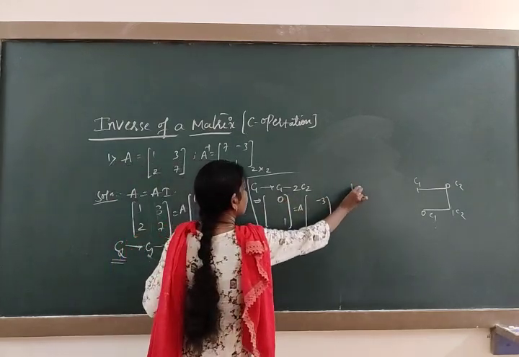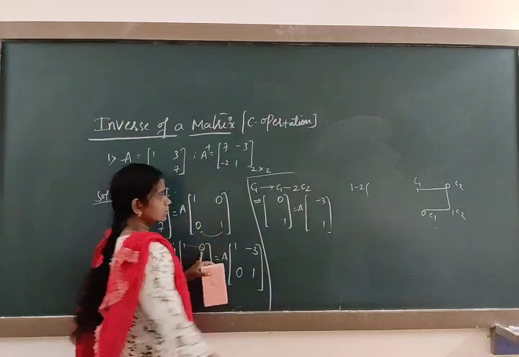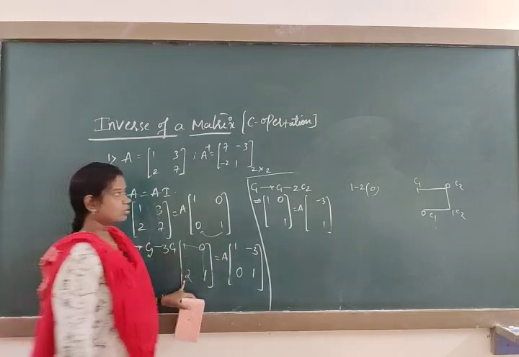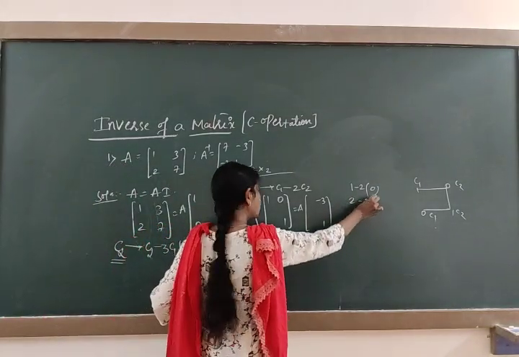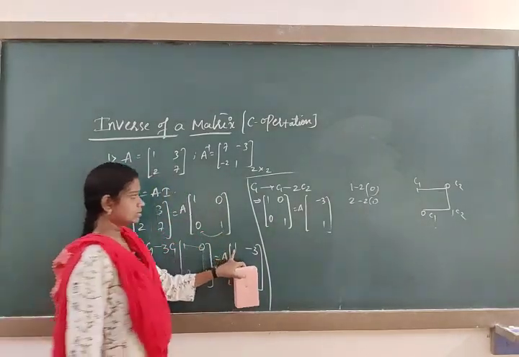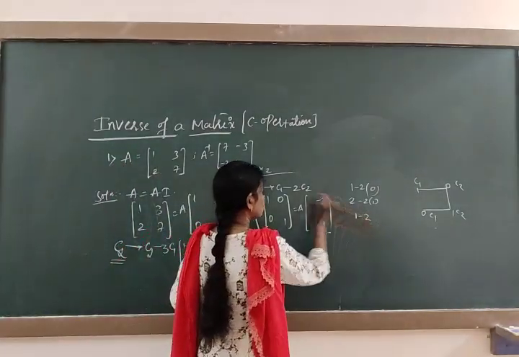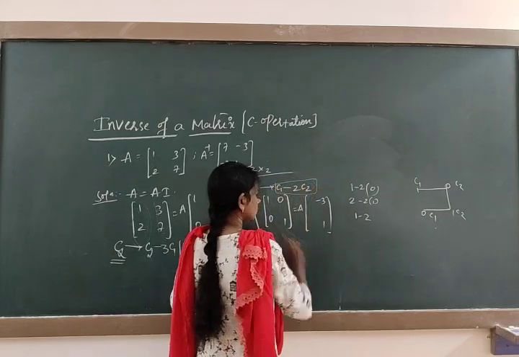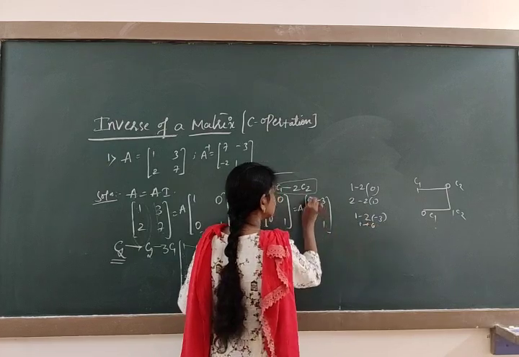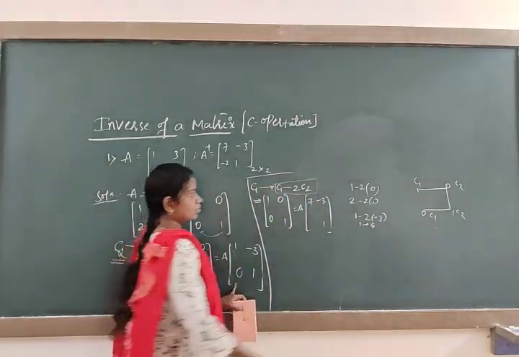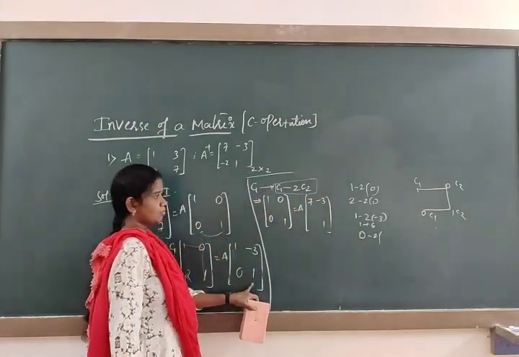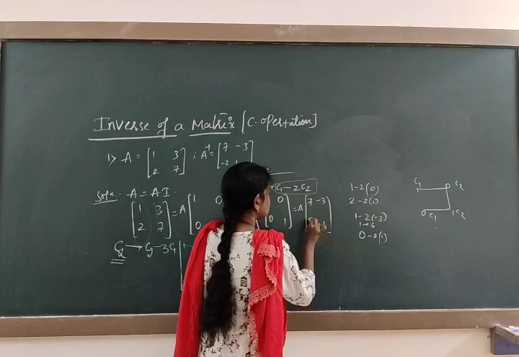Here 1 minus 2 into, beside that is 0, so it will be 1 itself. Next it is 2 minus 2 into, beside this is 1, it is 0. Next move to this: 1 minus 2 into, beside this is minus 3, 1 plus 6, it is 7. Now this is 0 minus 2 into, beside this is 1, it is minus 2.